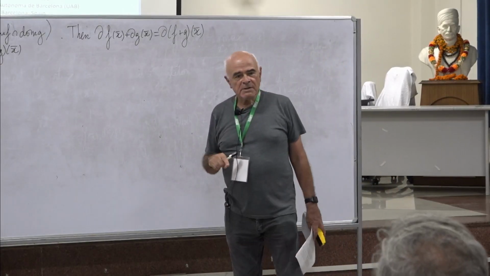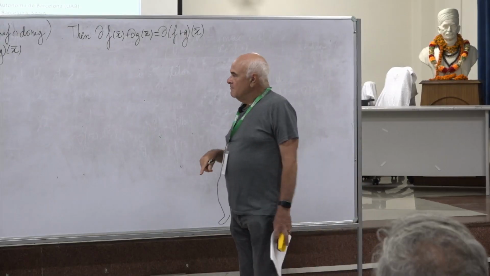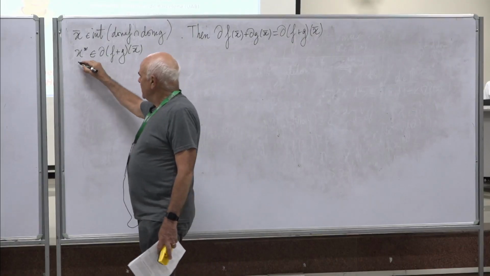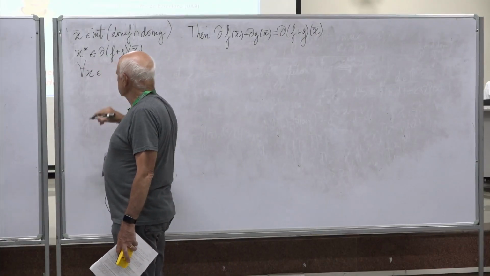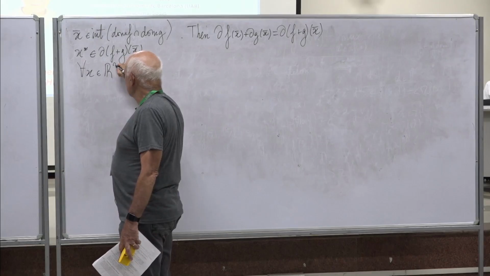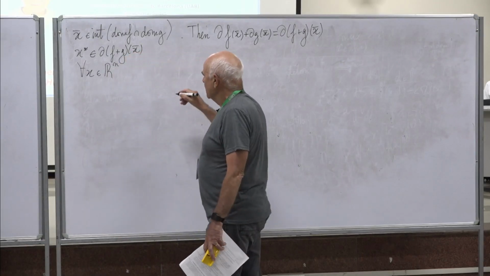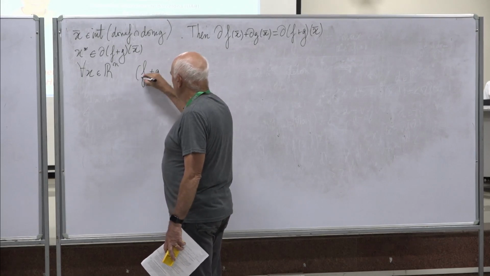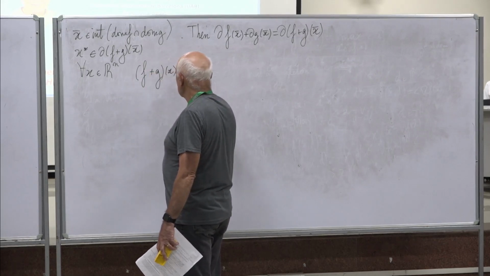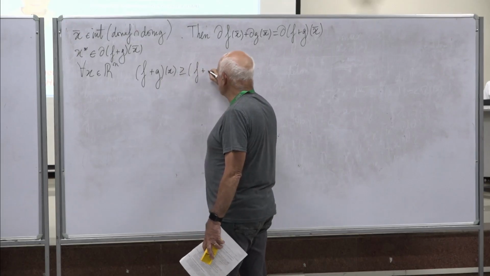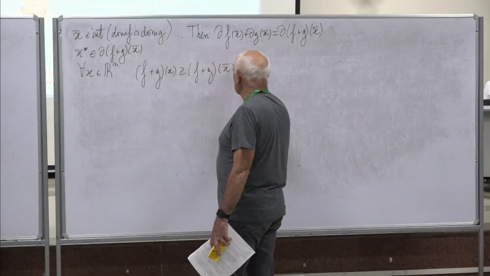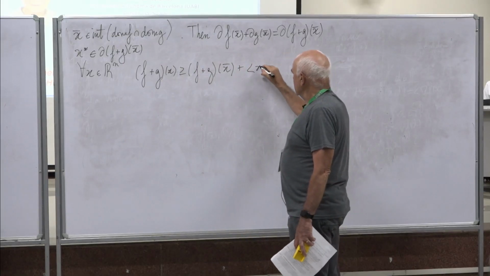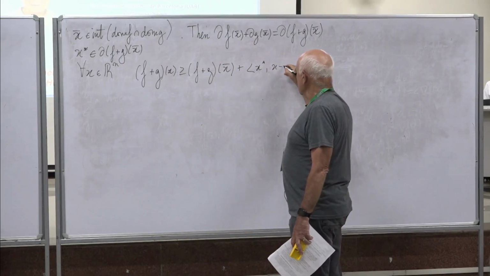How can we find such a decomposition? Let us write the subgradient inequality. For every x in the space, f plus g of x is greater than or equal to f plus g of x bar plus x star times x minus x bar.